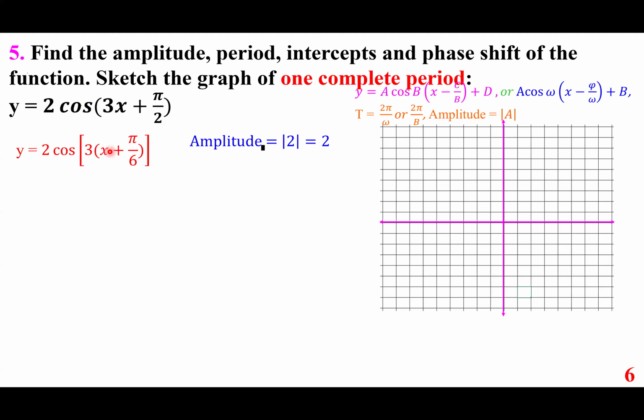The period is 2 pi divided by 3. And I have the information here, 2 pi divided by omega or b. Because we have a number sitting next to this, there is a phase shift. x plus pi over 6 means the phase shift is negative pi over 6.